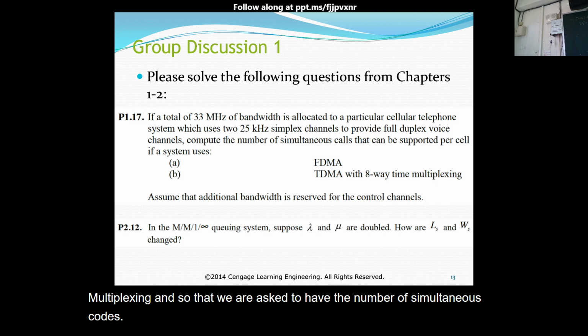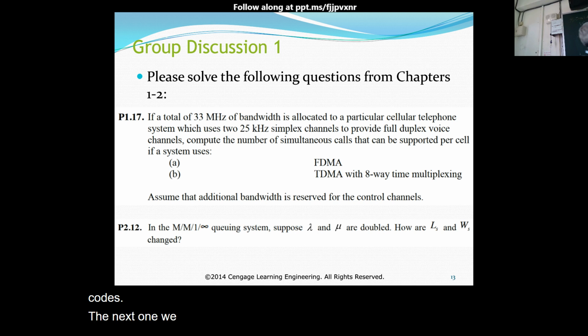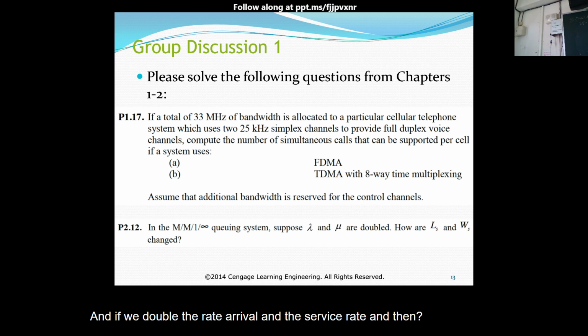And the next one, we are asked for the result for M/M/1: if we double the arrival rate and service rate, how are system length and system time changed?